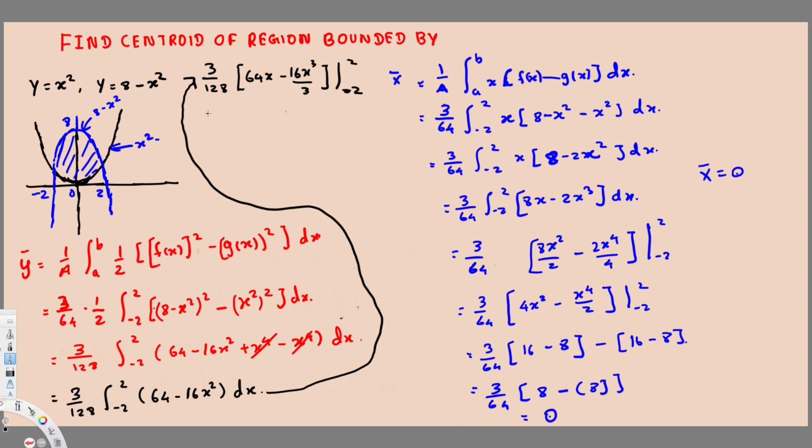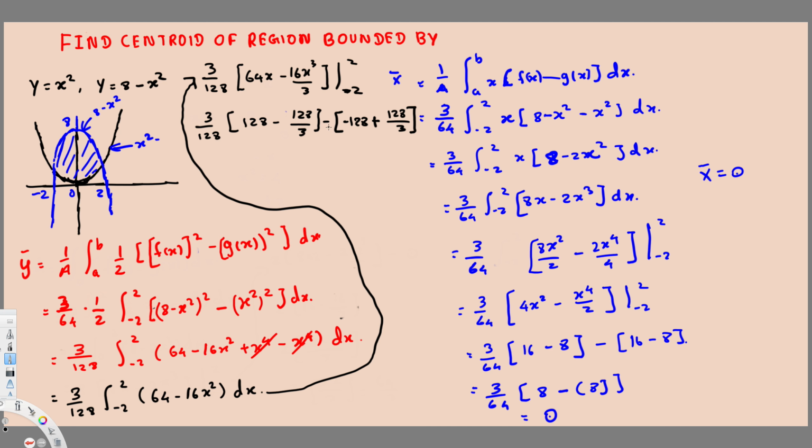Let's substitute the values and see what we get. 3 over 128. 64 times 2 is going to be 128, and 2 cubed is going to be 8. 8 times 16 is going to be 128 divided by 3, and then minus negative 2 times 64, negative 128, and then negative 2 cubed times 16, so negative 8 times 16 is going to be negative 128, but here we have minus, so plus 128 divided by 3.